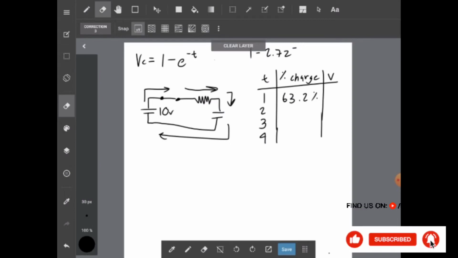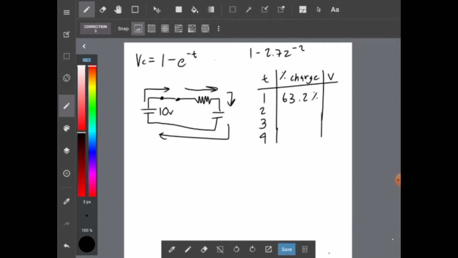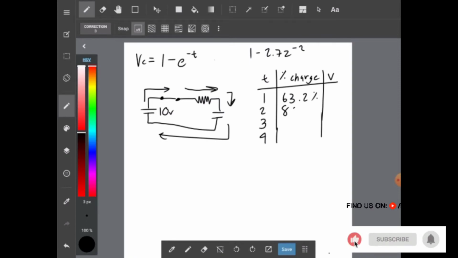Same goes for the others. For 2 time constants, you will get 86.4% charge.